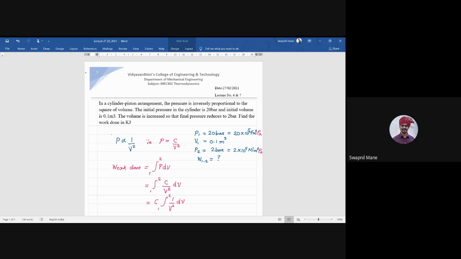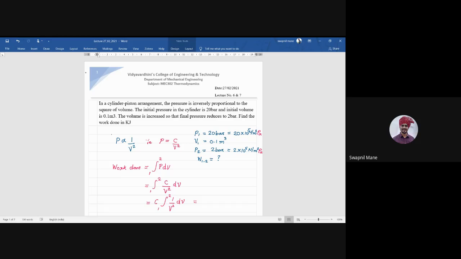So how do we integrate 1 by V square? Integral of 1 upon x raised to n is x raised to n minus 1 upon minus n plus 1. Or 1 upon V square we can write as V raised to minus 2.